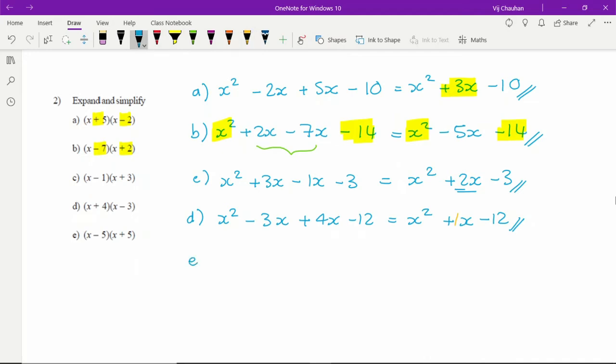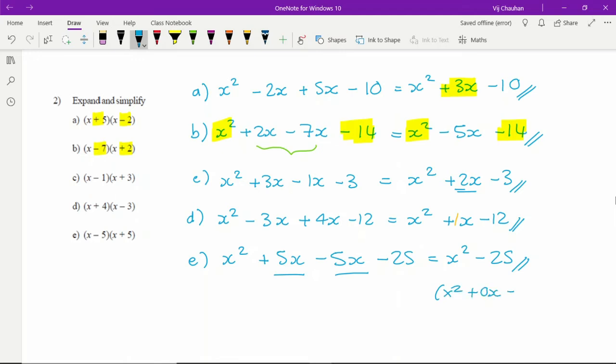And then finally for E, we've got x squared plus 5x minus 5x minus 25. Now here we've got 5x, take away 5x, which is nothing, which just leaves me with x squared minus 25. Now if you were to write x squared plus 0x minus 25, you should still get the correct answer, but again we don't need this, so don't bother writing it.